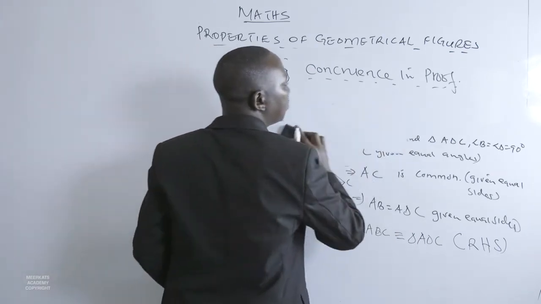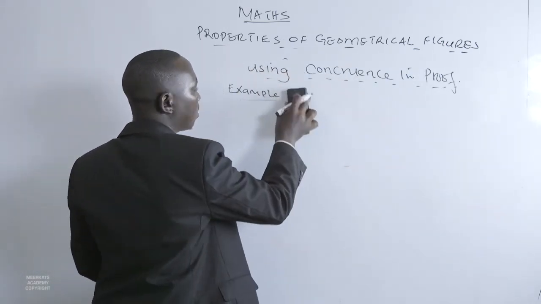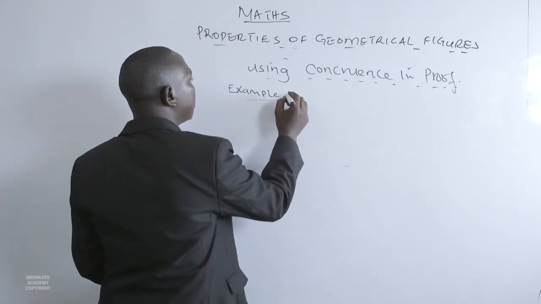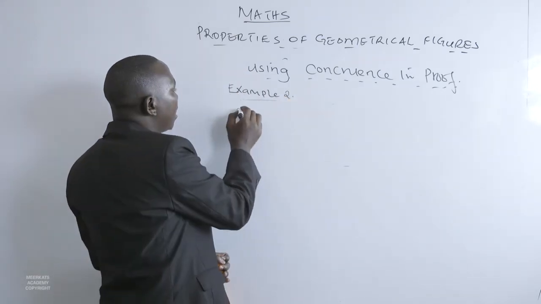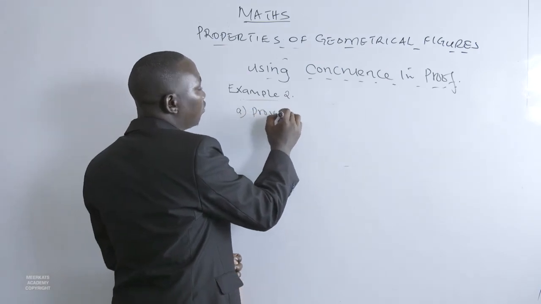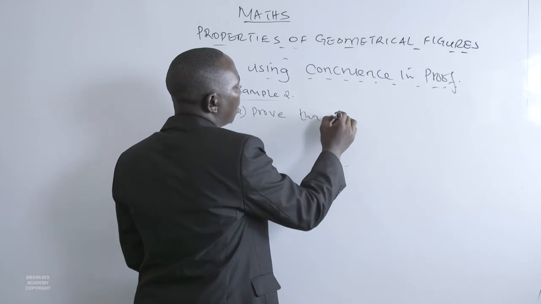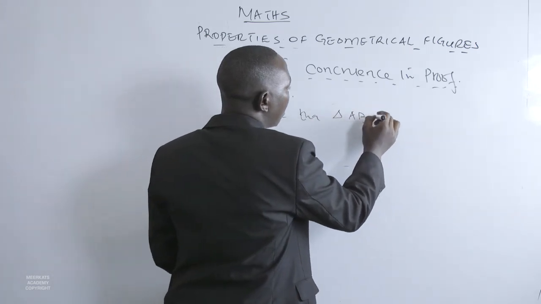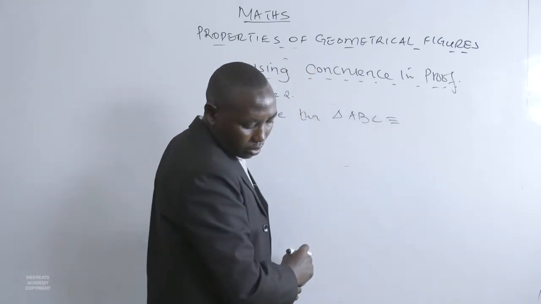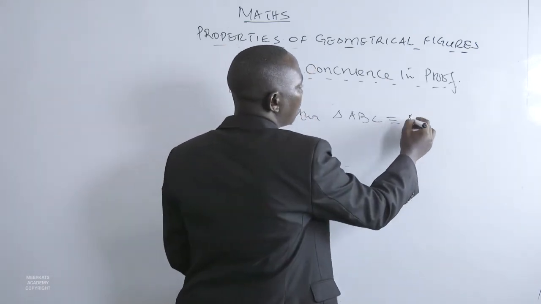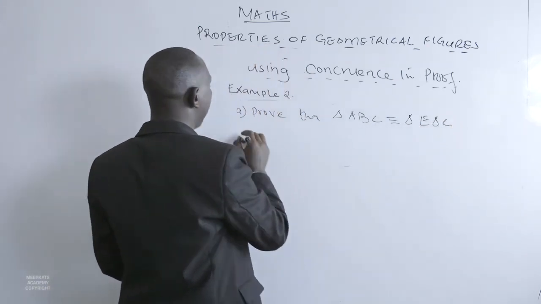Example 2. We are told to, one, prove that triangle ABC is congruent to triangle EDC.